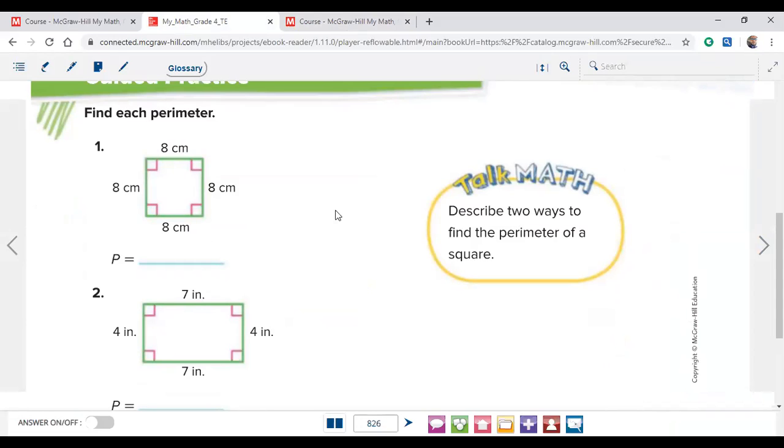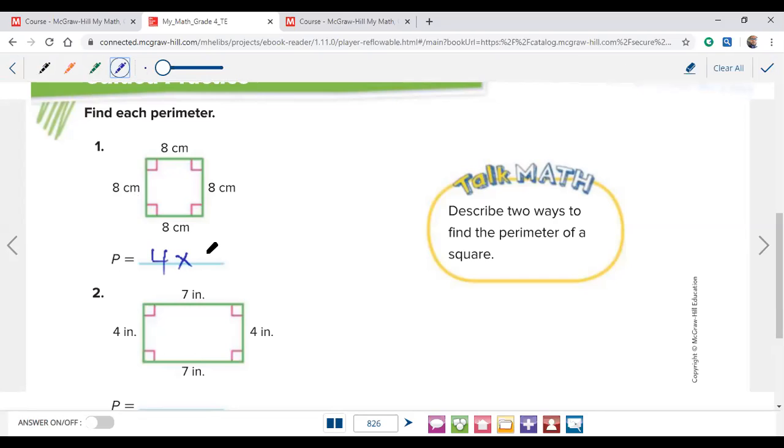Okay, number 1, I have a square. 8 plus 8 plus 8 plus 8. This way. Another way, use a formula: 4 times the side length. The side length of the square, I have it, is what? Yes, 8.